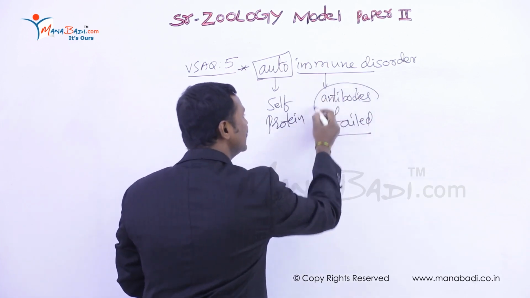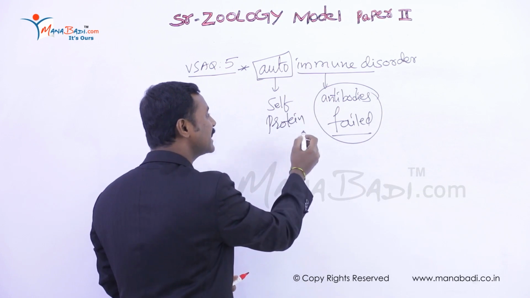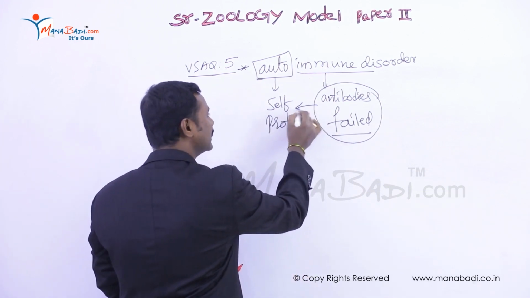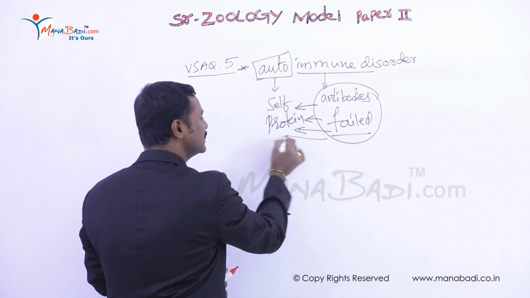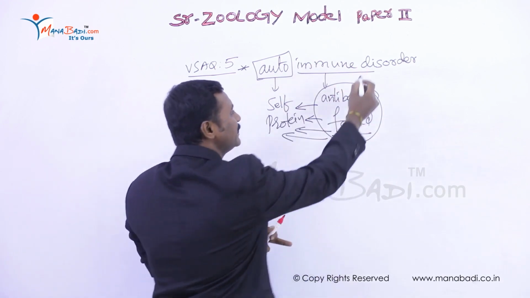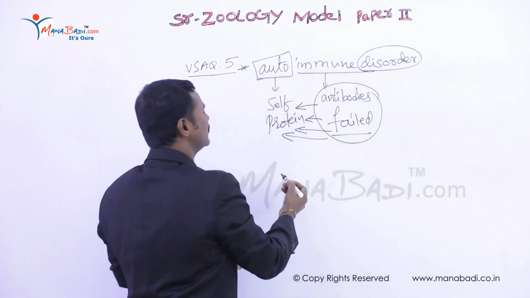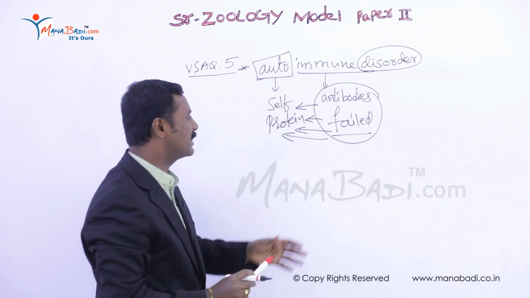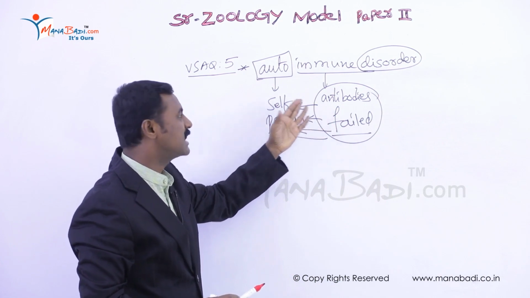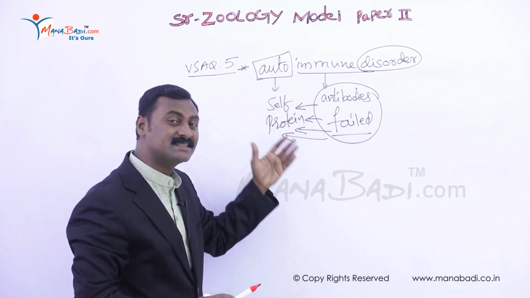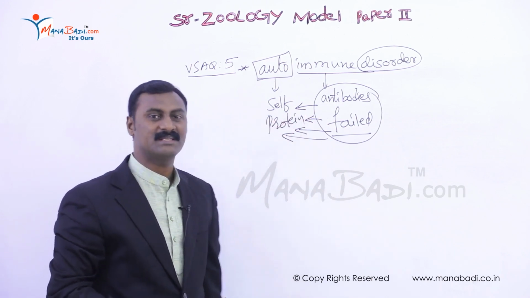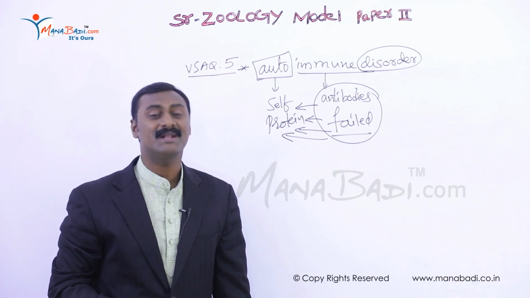These antibodies fail to recognize self and non-self, so they start attacking self proteins. That's why the immune system undergoes disorder. So autoimmune disorder comes by the failure of antibodies in recognition of self proteins. They recognize them as foreign, so they attack. This type of disorder is called autoimmune disorder.